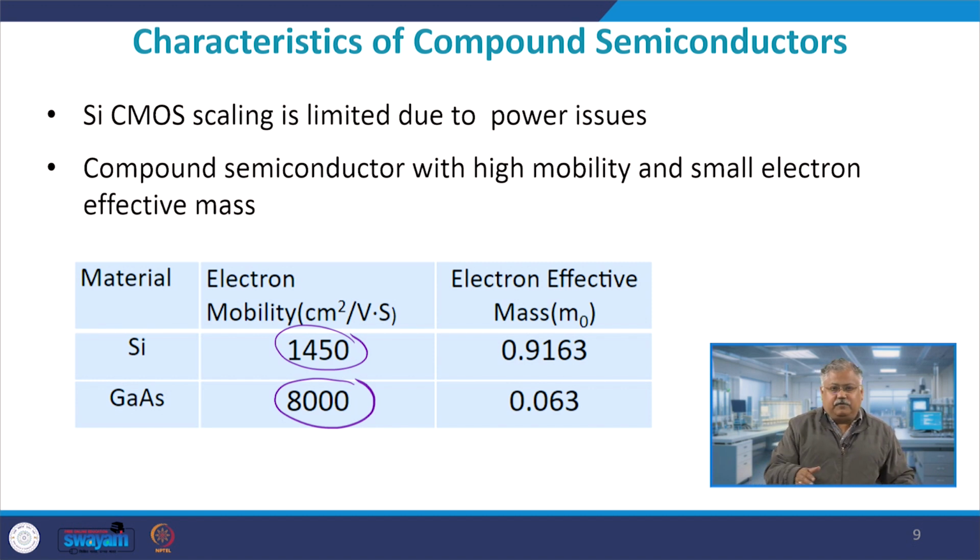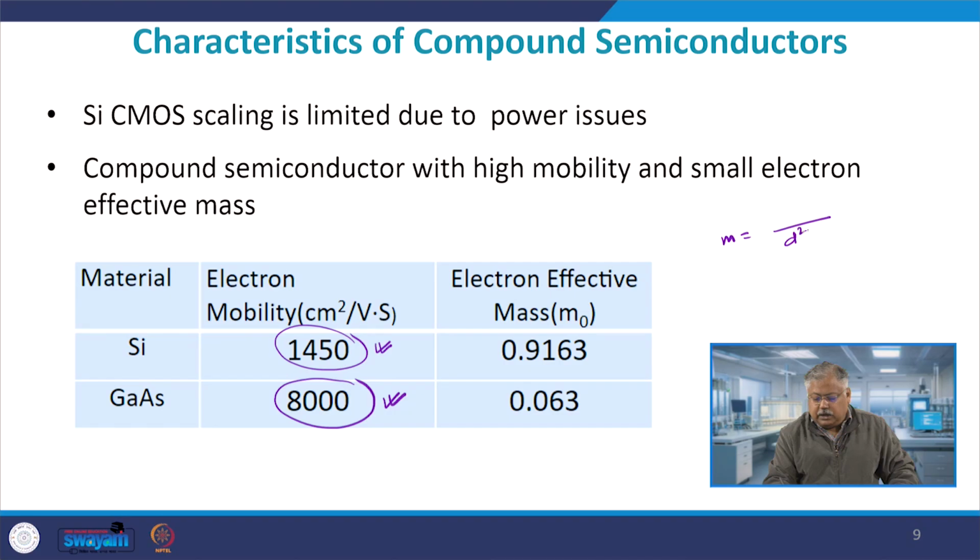The electron effective mass is much smaller in case of gallium arsenide compared to silicon, and this directly comes from the E-k diagram. The E-k diagram is much steeper in case of gallium arsenide compared to silicon, and that's the reason you have a better device. So let's look at the characteristics again. As the material changes, the mobility has become 4 to 5 times larger.